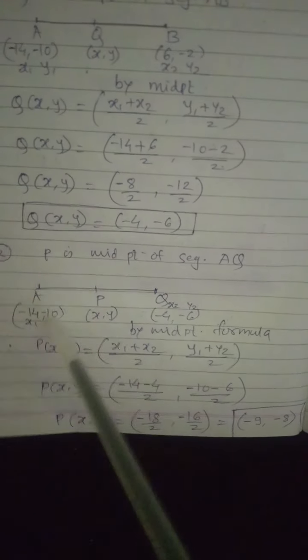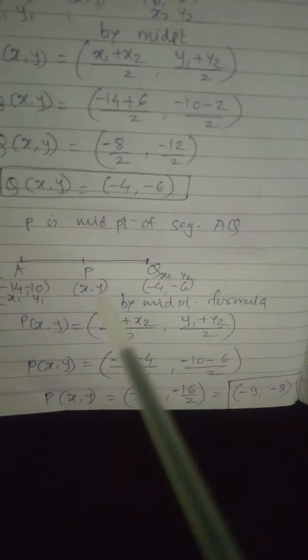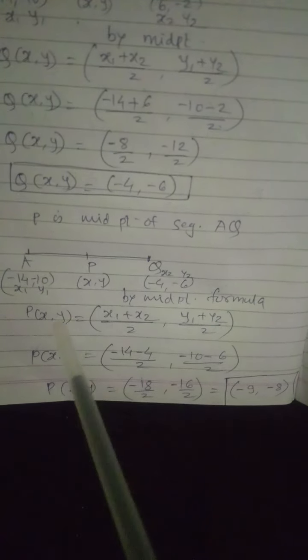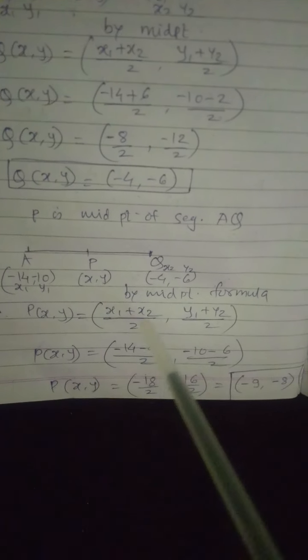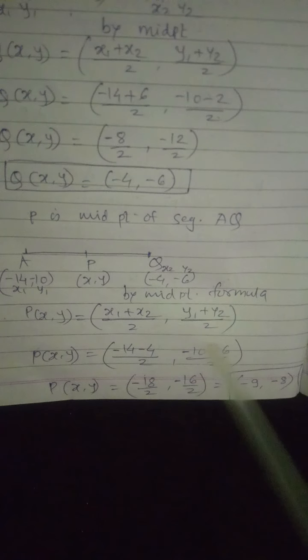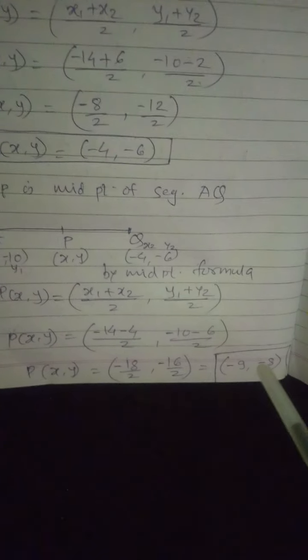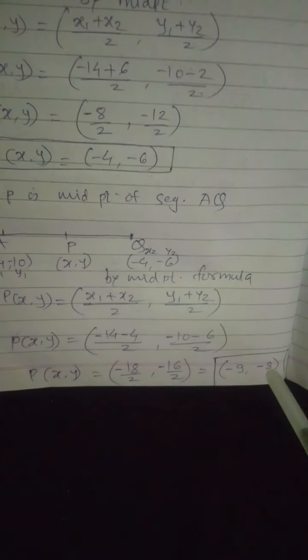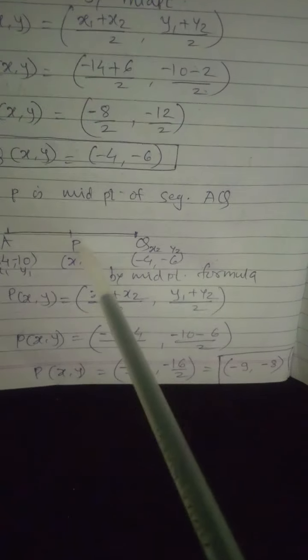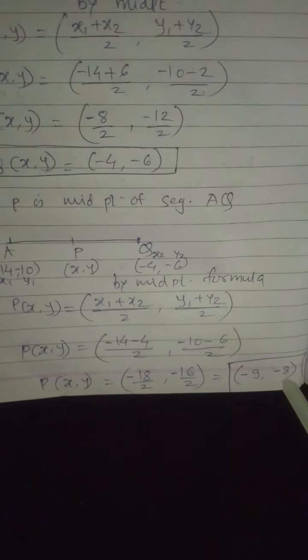So you know the coordinates of A and Q, and using the same midpoint formula, we can easily find out the coordinates of P. So P(x, y) is equal to, again using the same formula, ((x1 + x2)/2, (y1 + y2)/2). Just putting the values, we get the coordinates of P, that is (-9, -8).